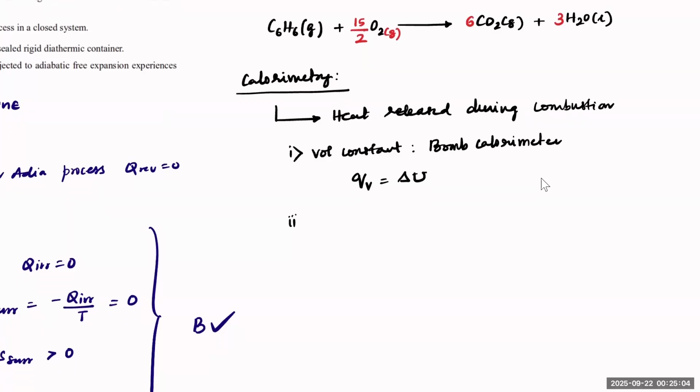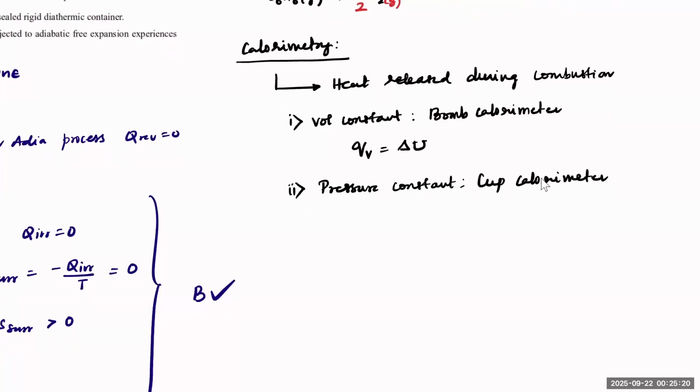But if the volume is not constant and the pressure is constant, this is called a cup calorimeter. If it is a cup calorimeter, then whatever heat is released at constant pressure will be conserved as delta H.